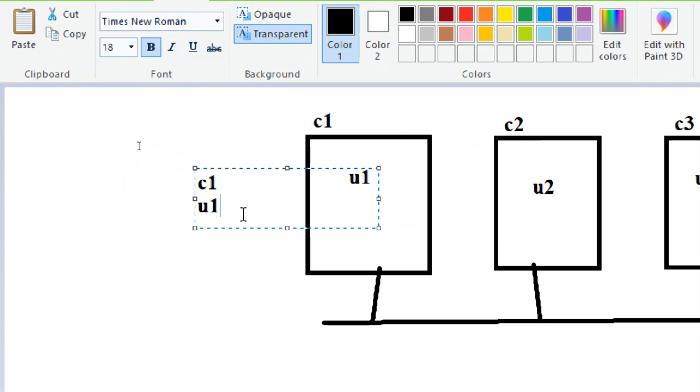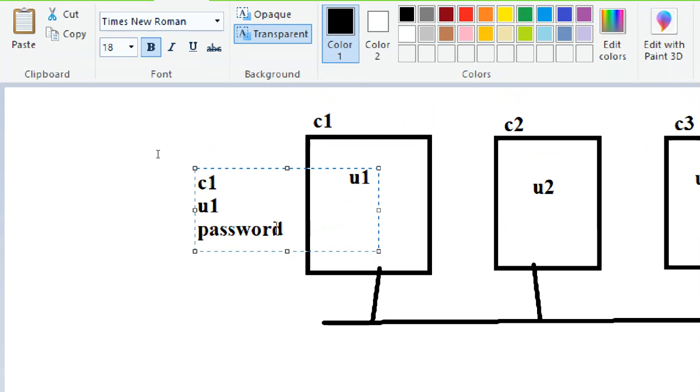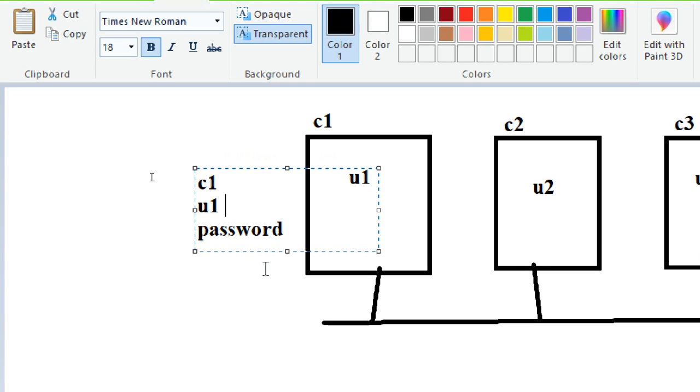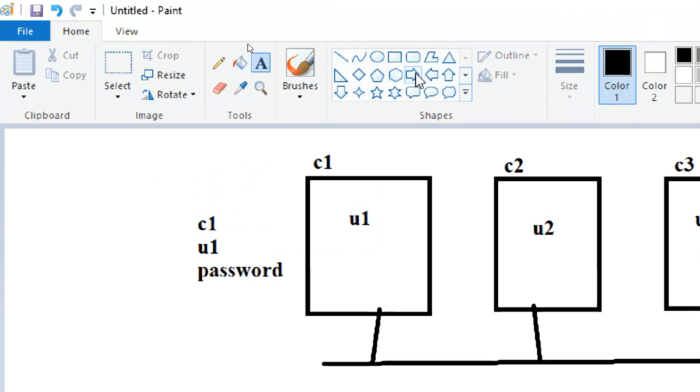So user one logs in. You put a username, user one, and a password. So who will verify this username and password?